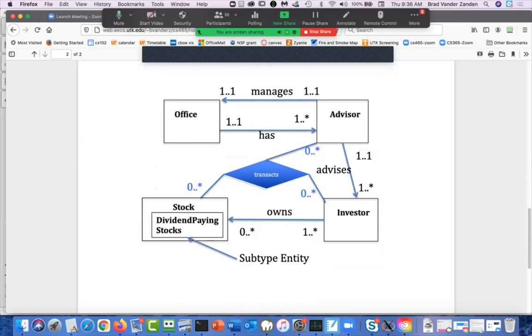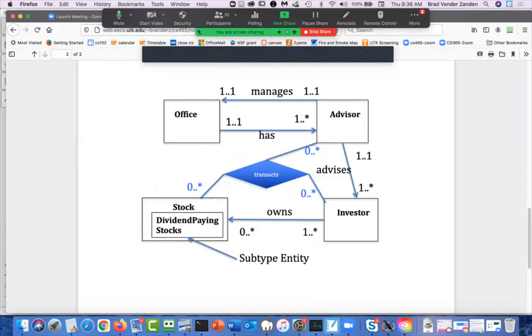Now, in terms of directing arrows, at the beginning I said you may be a little unclear how to direct the arrows. Remember, my rules were for one-to-many relationships, it goes from the one to the many. So an advisor advises one-to-many investors, so it goes that way. An investor owns zero-to-many stocks.